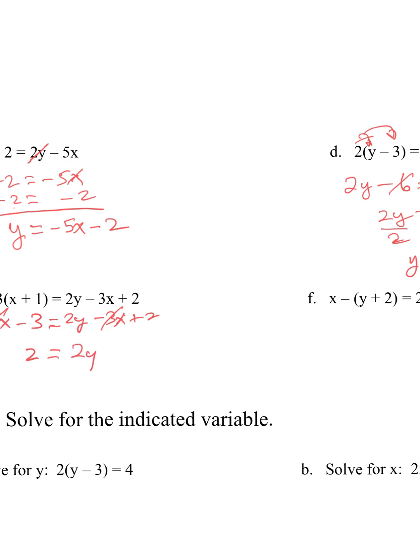Then we have 2y plus 2, like that. And then notice, what do you have on both sides? 2, you can cancel that out. And then you're going to get 0 equals 2y. And when you divide by 2, you're going to get y is equal to 0.